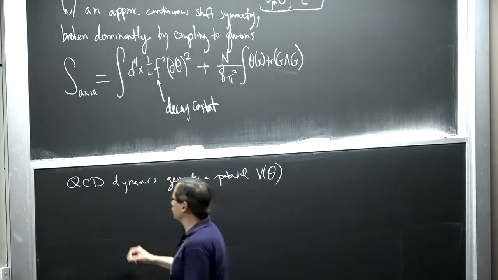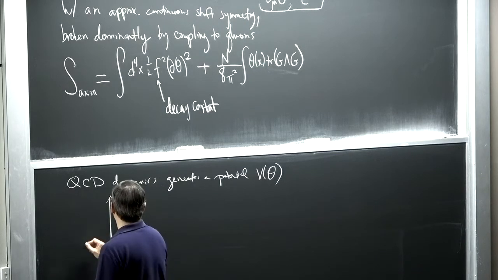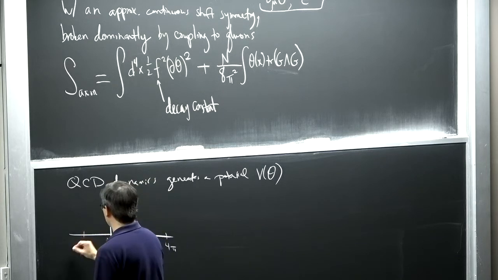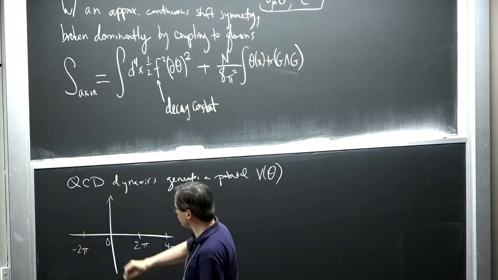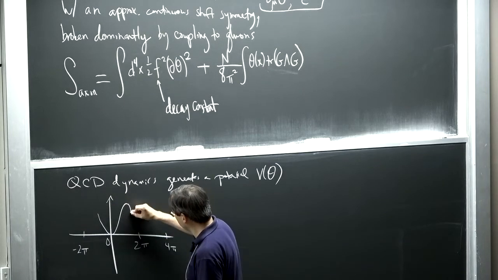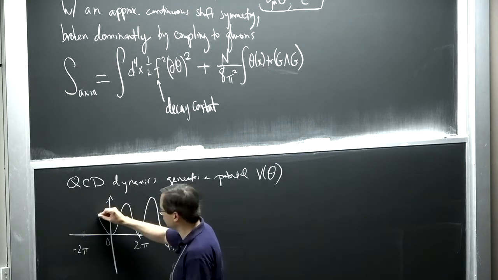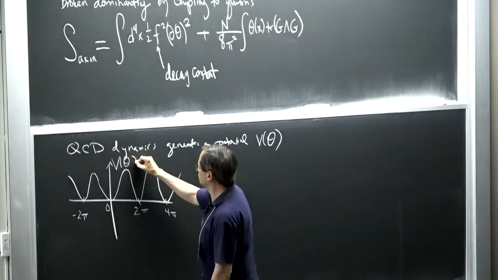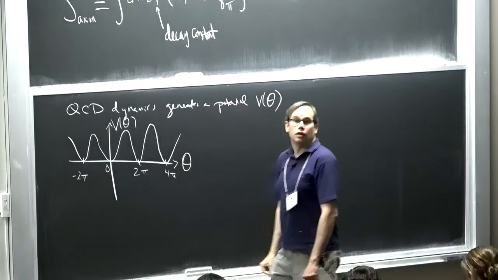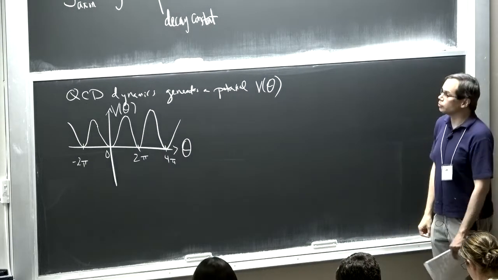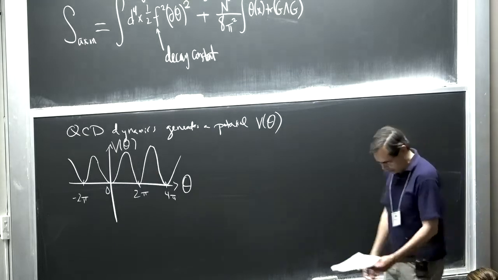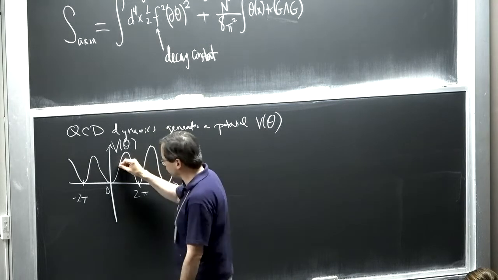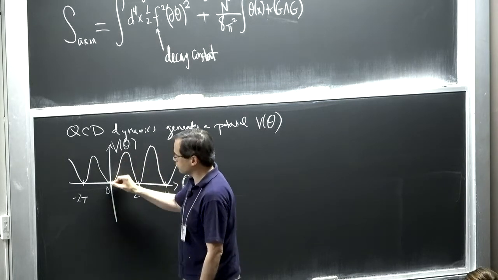And V of theta looks okay, it better be periodic because adding 2 pi to theta doesn't mean anything. So we get a potential that looks something like this. And so the way this solves the strong CP problem is theta lives in this potential, and so the field is just going to relax to sit at the minimum.